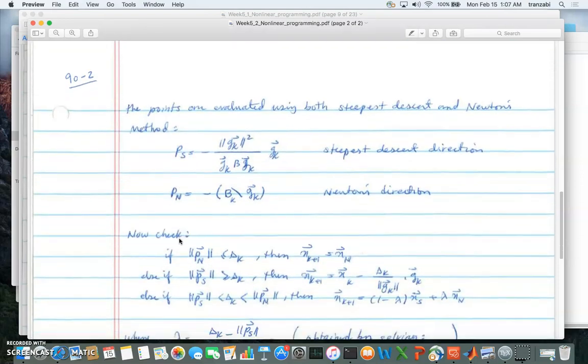At every step, we're going to choose one or the other, or basically a mixing of the two. So there are three options here: either choose the steepest descent direction, choose the Newton's direction, or choose a combination of the Newton direction and steepest descent direction. In the next part we're going to talk about when we have to choose the steepest descent or Newton's direction. So stay tuned for the next part.